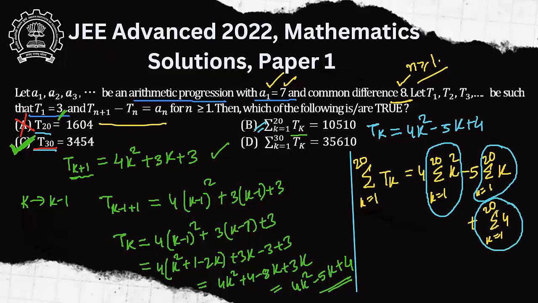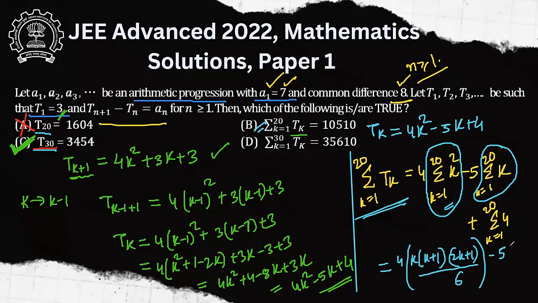And this is like 4 into 20 straight away. So sigma Tk from k 1 to 20 is equal to 4 times k into k plus 1 into 2k plus 1 upon 6, minus 5 times k into k plus 1 upon 2, plus this is 80. This last term is 80.